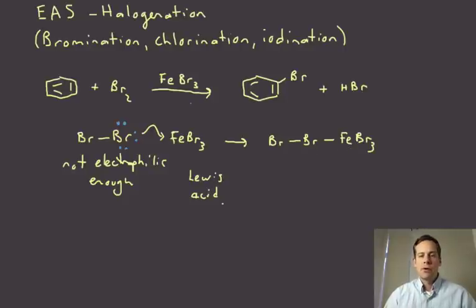Now we have to add in some charges here. We're going to put a negative charge on the iron because it's gained an electron pair, and a positive charge on bromine because it has donated an electron pair. Now we've got this much more polarized species. The thing to understand is that these charges are simply formal charges.